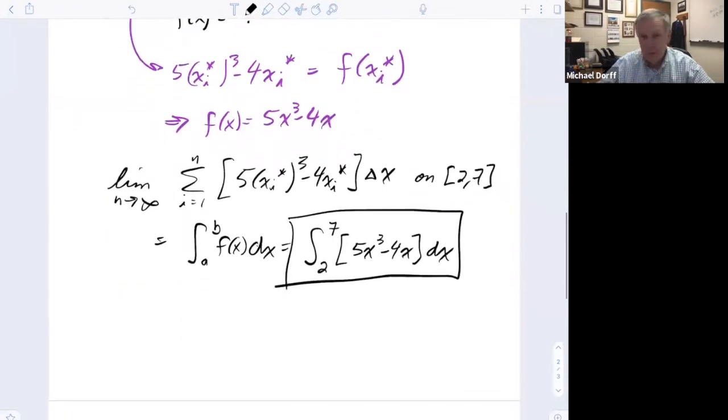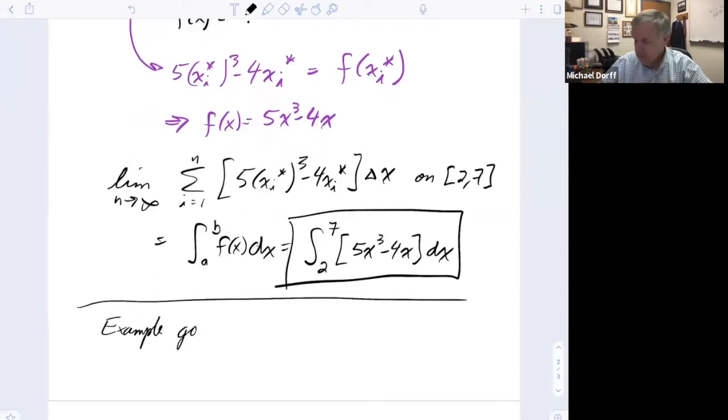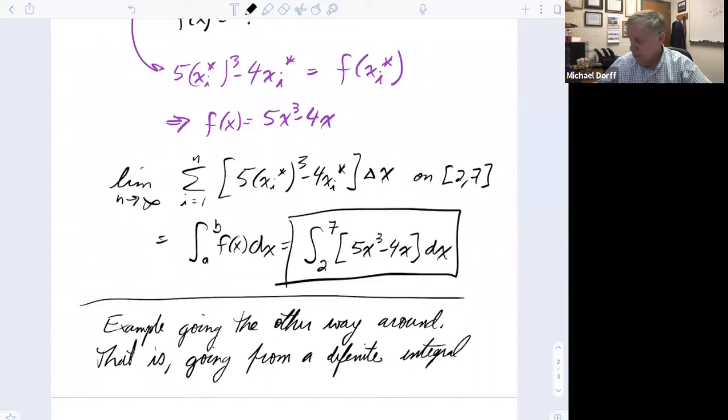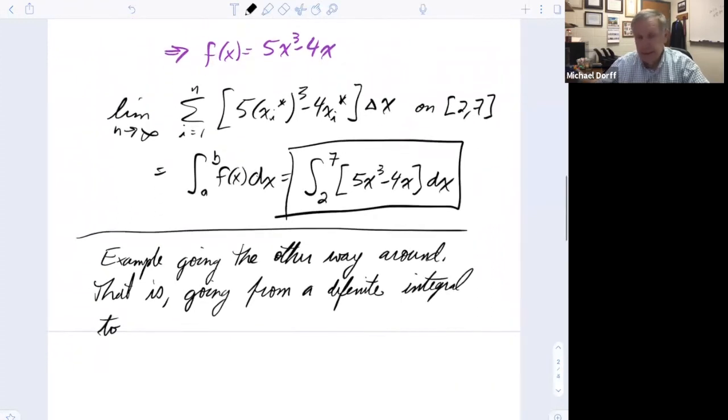Now, let me do one more example, but do the other way around. So an example going the other way around. Or in other words, going from the definite integral to a limit of a sum, which is known as the Riemann sum.